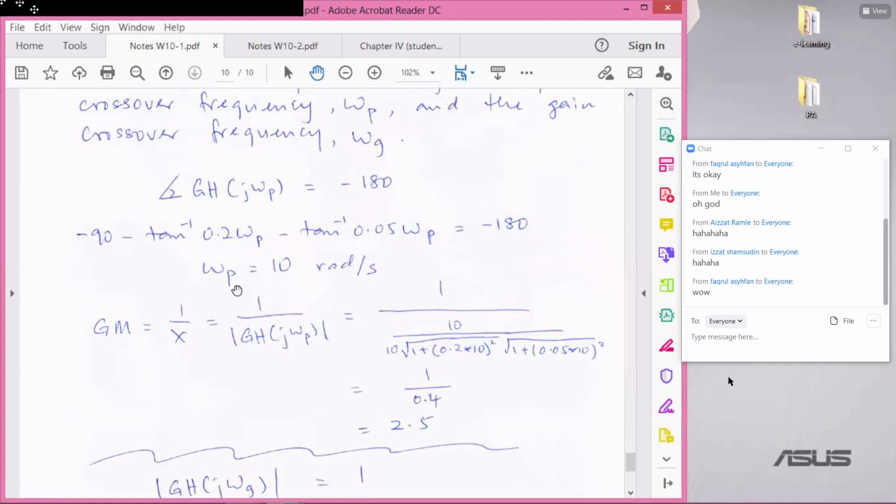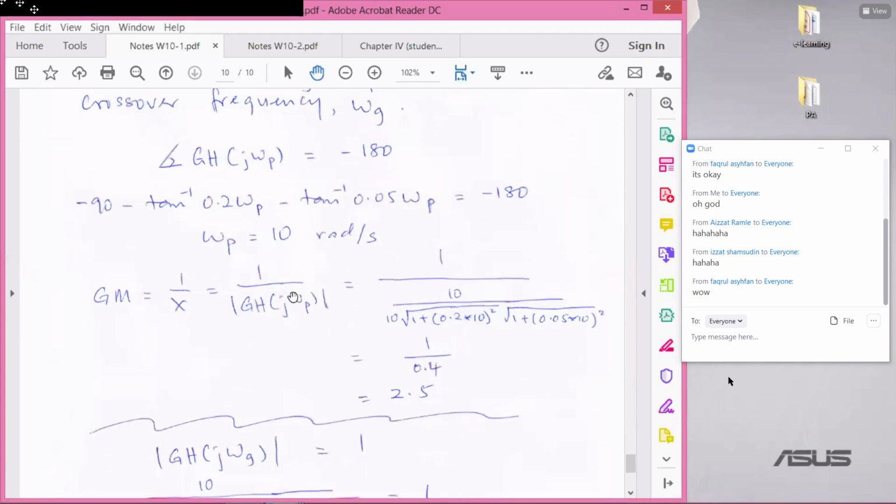The phase crossover frequency is the frequency when the phase angle is -180. And then from there, you can compute the gain margin. Once you get this phase crossover frequency, which is 10, all you need to do is compute the magnitude at that particular frequency, and then 1 over that is your gain margin.